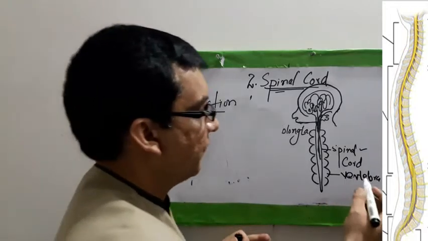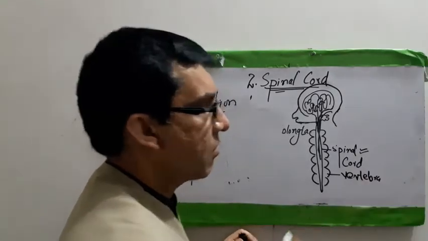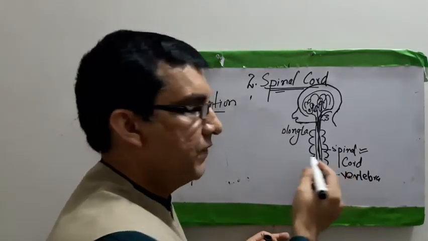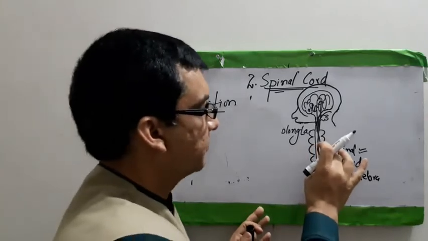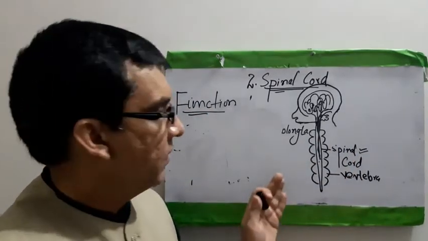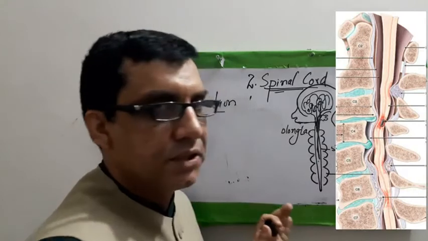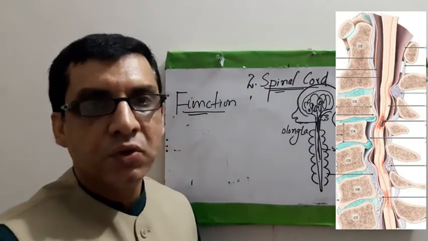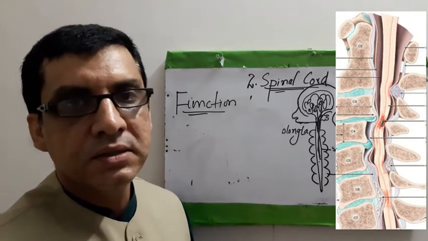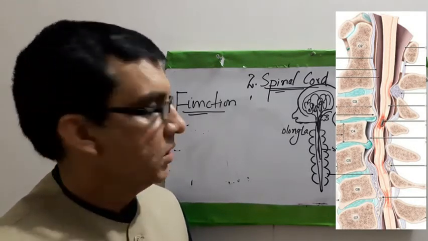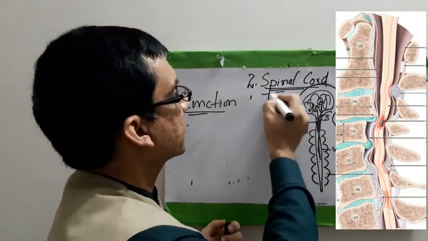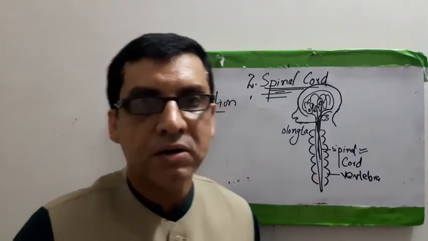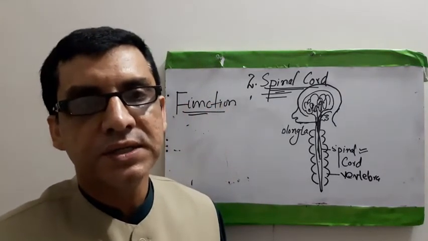So that is the function of the spinal cord. If the spinal cord is damaged during an accident or injury, it can cause paralysis. So this was about the spinal cord, the second part of the central nervous system.